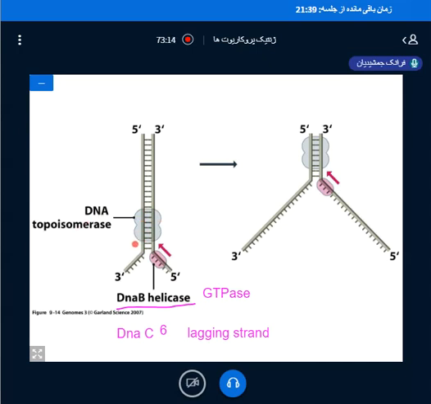Which enzyme removes supercoils? Yes, topoisomerase. Topoisomerase removes supercoils.